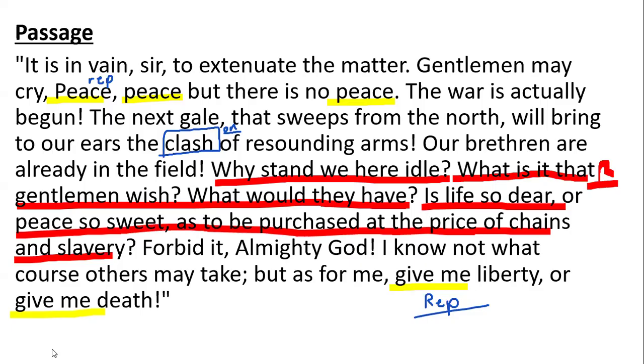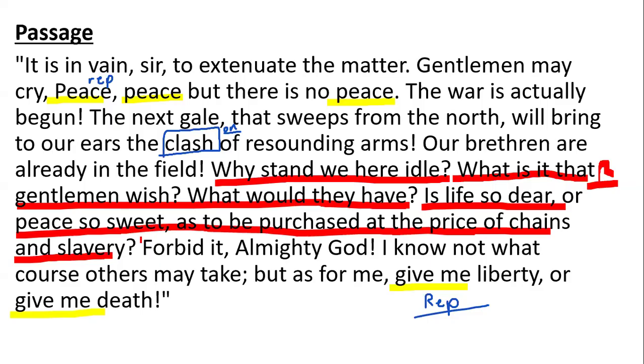So the right device is definitely imagery, the image of war, or you could say slavery, because he said peace purchased at the price of chains and slavery. That's definitely imagery, because when you say chains and slavery, he's trying to get into our minds the visualization of slaves in chains.